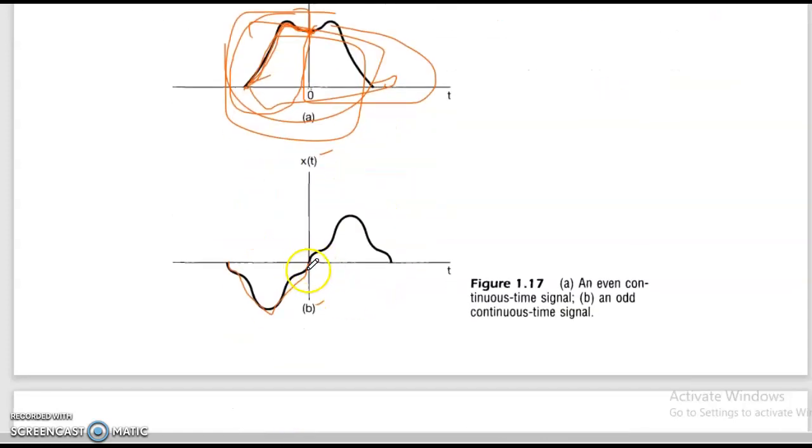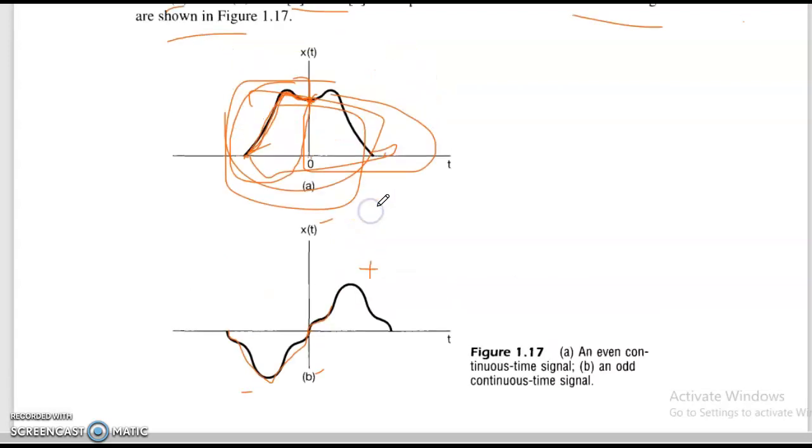Here it is minus, here it is plus. When t is minus, the signal is minus, and when t is plus, the signal is plus.